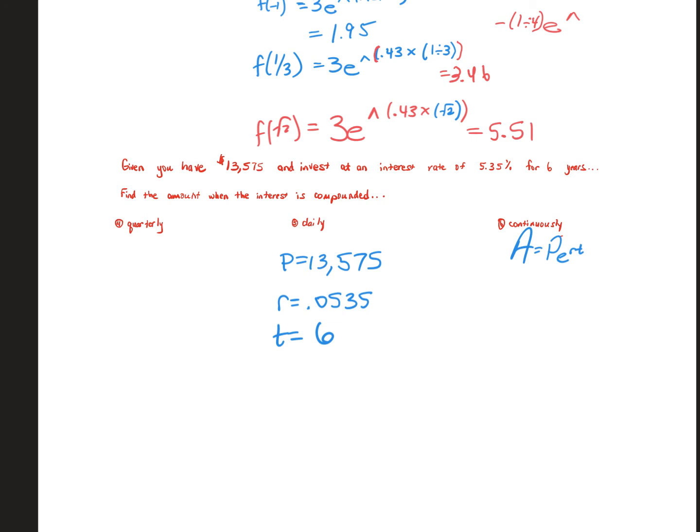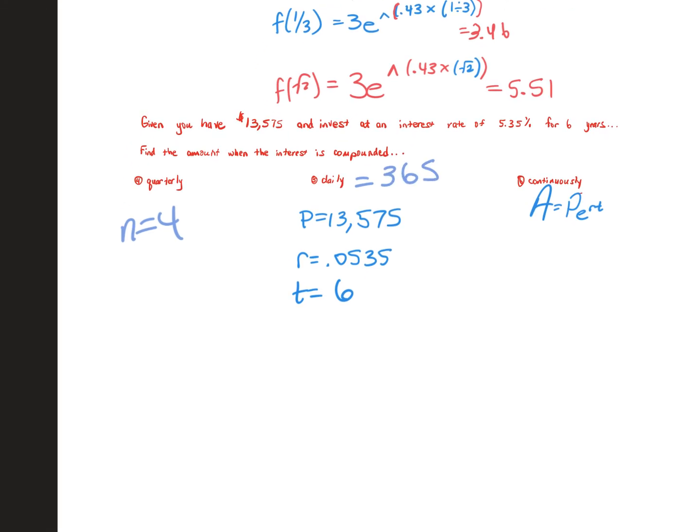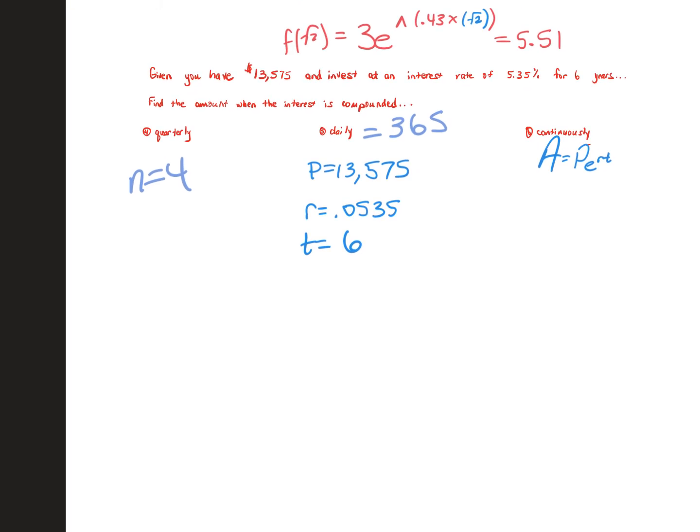So the thing that's going to change is when I do quarterly, what is my end value? How many quarters are in a year? 4. When I do daily, how many days are in a year? 365. So we're going to evaluate all three of these with the exact same numbers, except I have to figure out which formula to use.